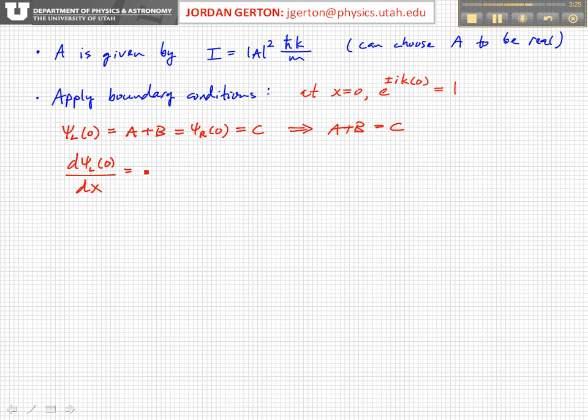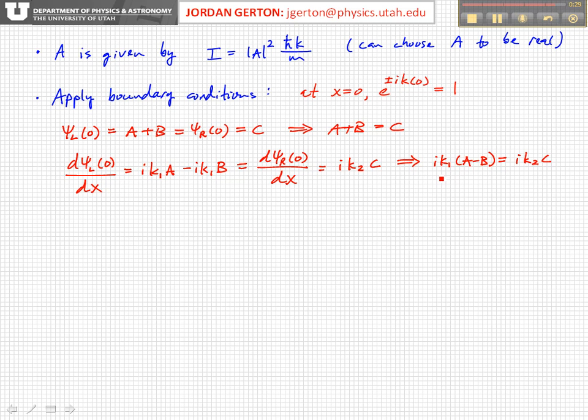This is equal to i times k1 times A minus i k1 times B, and this has to be equal to the derivative of the wave function on the right-hand side of the step, and this is equal to i k2 times C. So again, now we have i times k1 times (A minus B) is equal to i times k2 times C. You can see we can cancel the i's. I think I did that right.